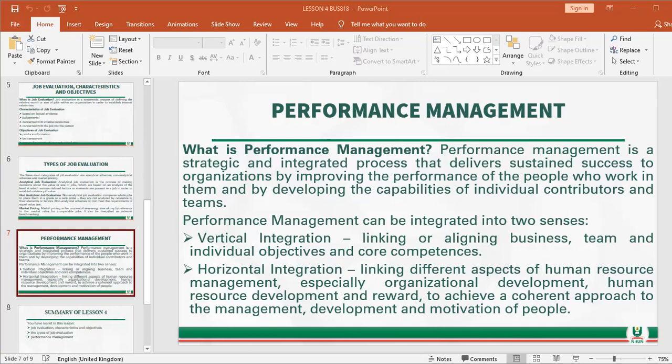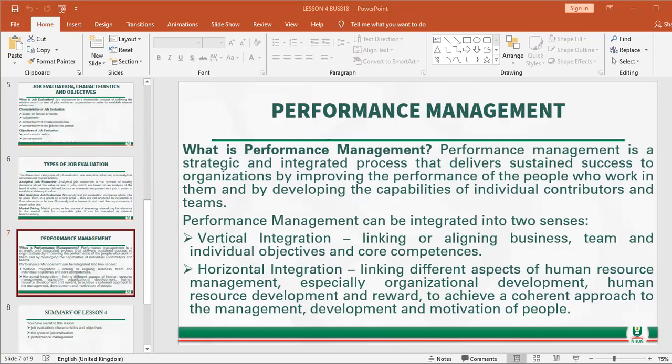While the horizontal integration is talking about linking different aspects of human resource management. So for this, you are linking rewards, compensation, training and development, whatever needs to be done for employees to still be in that organization.